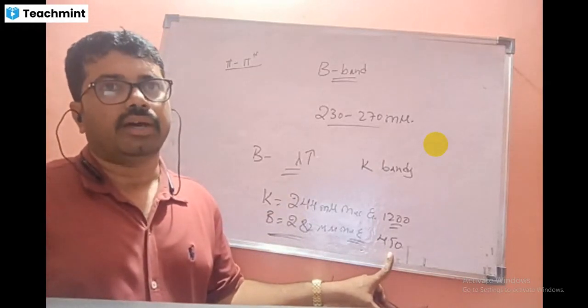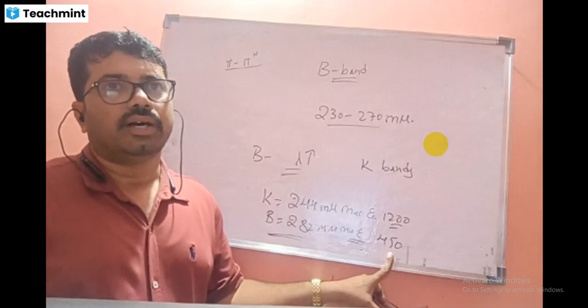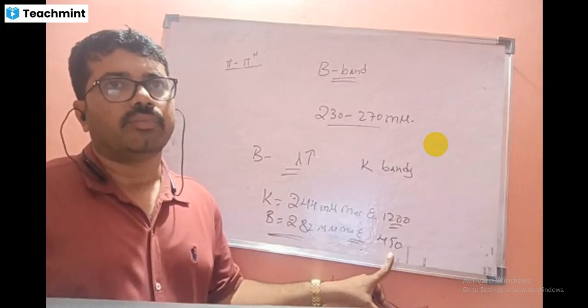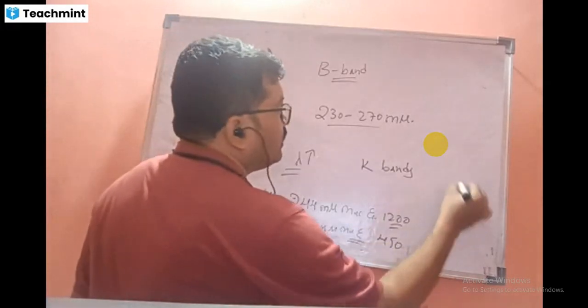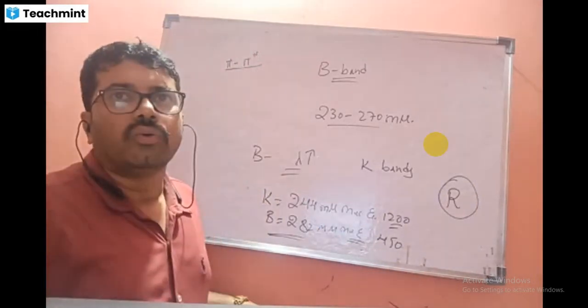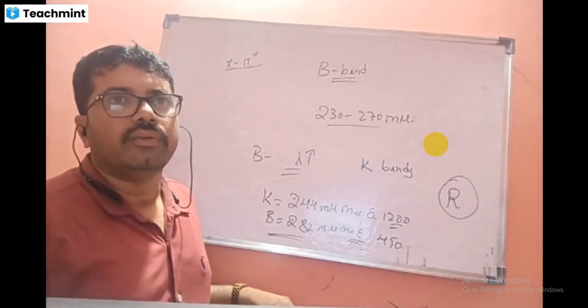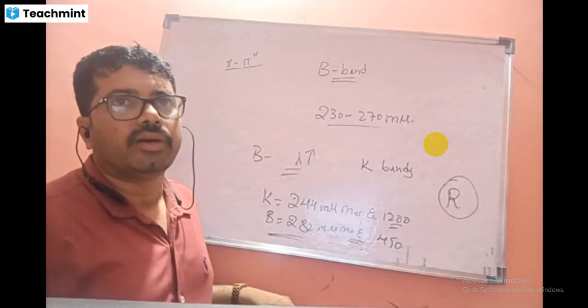Out of K, B and R bands, which appear in the spectrum of an aromatic compound?